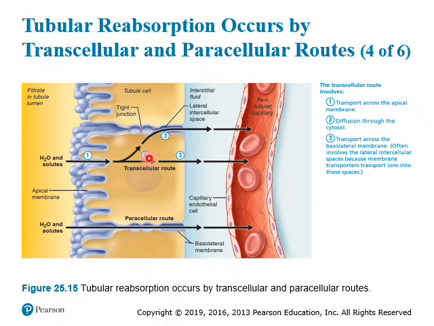And the transport could go through the basolateral membrane, which often involves the lateral intercellular spaces, because the membrane transporters will transport ions into these spaces. So these are the two ways. It could go here or it can make a detour into the interspaces between two cells.